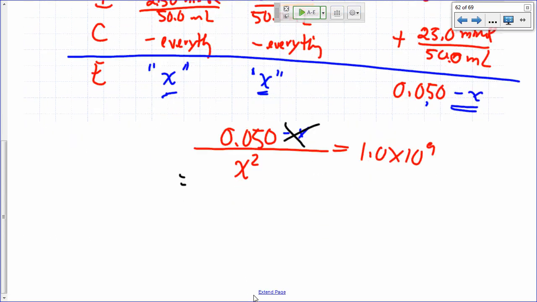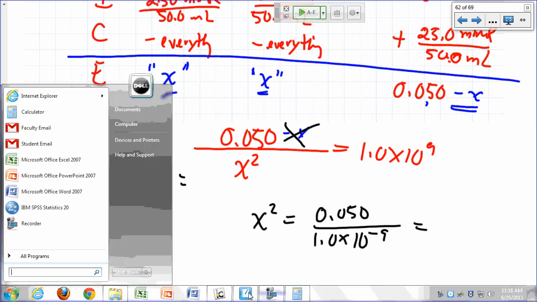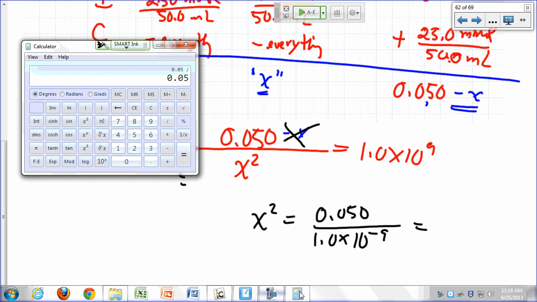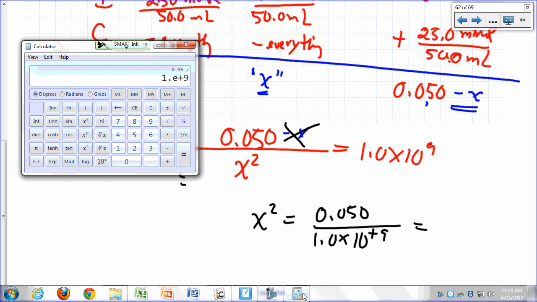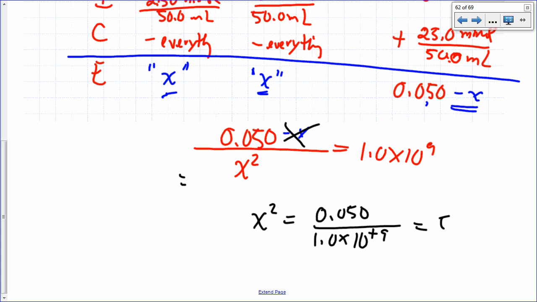So to solve for x, what do you get? x squared equals 0.050 divided by 1.0 times 10 to the 9, sorry, equals 5 times 10 to the negative 11.